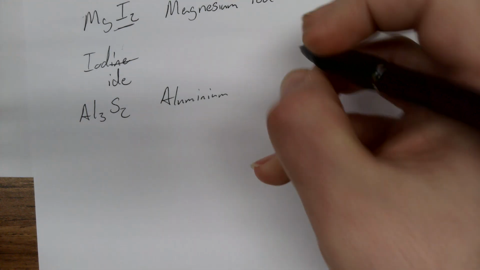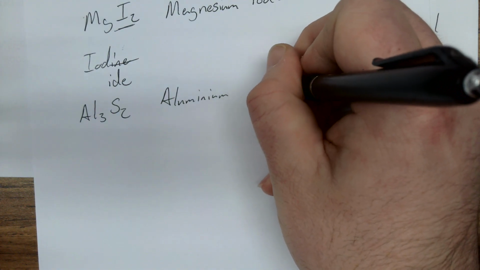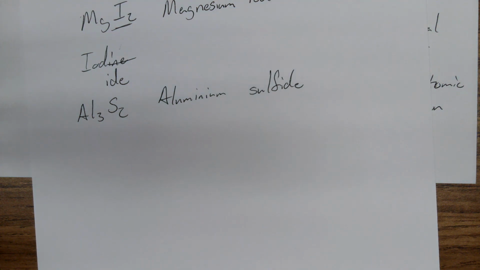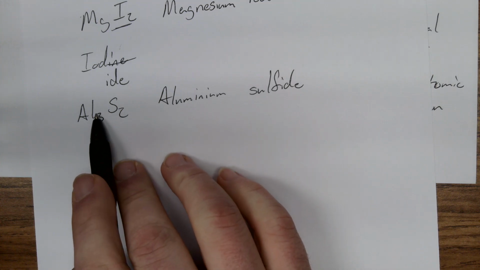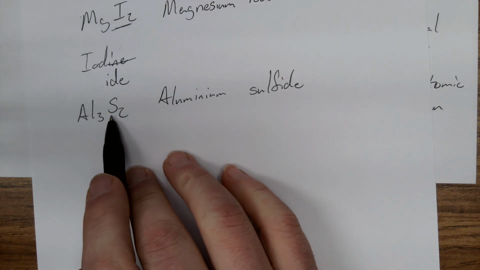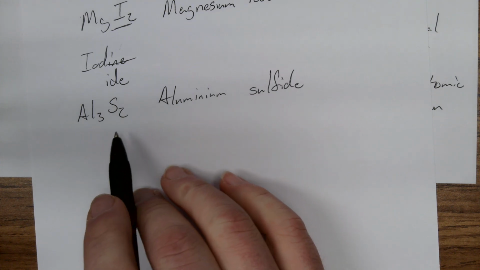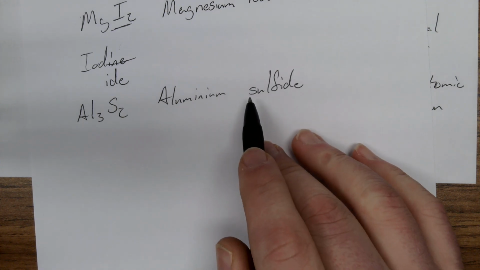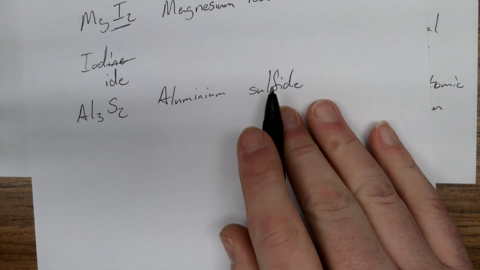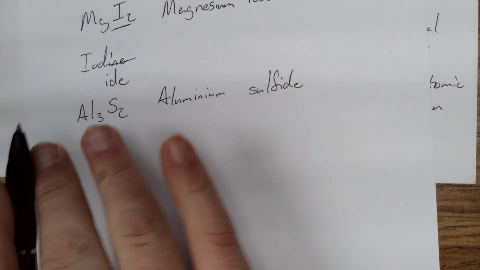Aluminum what? Close. Sulfide. But notice how I don't care that for this formula, I needed 3 aluminums and 2 sulfurs. It wasn't trialuminum disulfide. It's just metal, non-metal. Ionic compounds are the easiest ones to do.